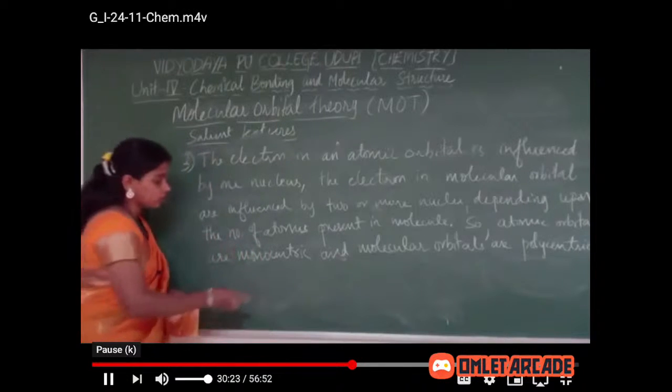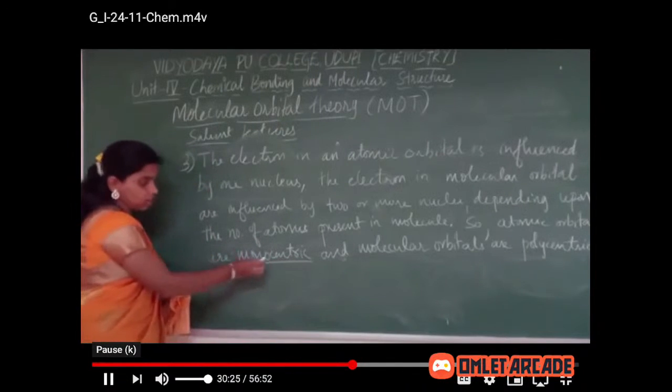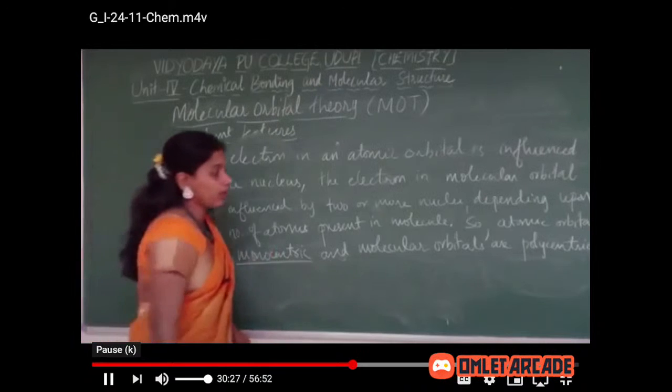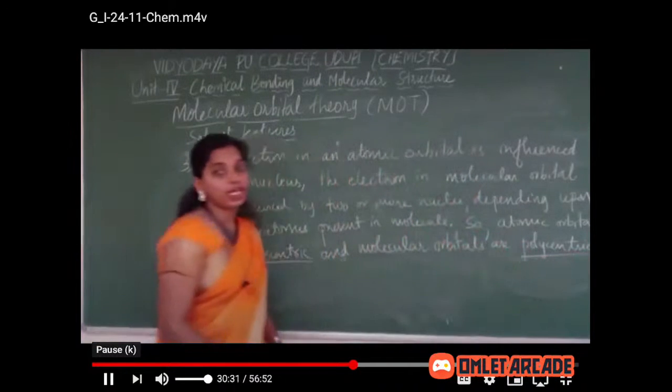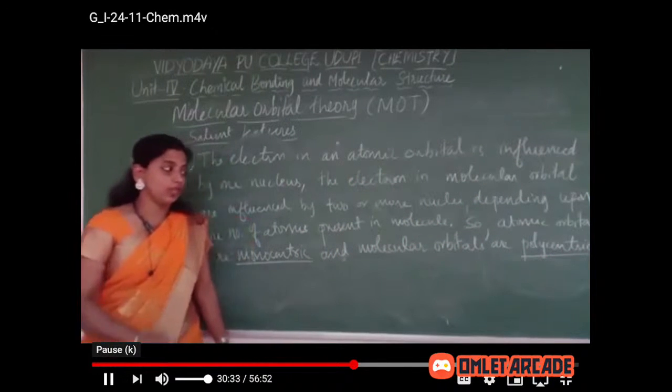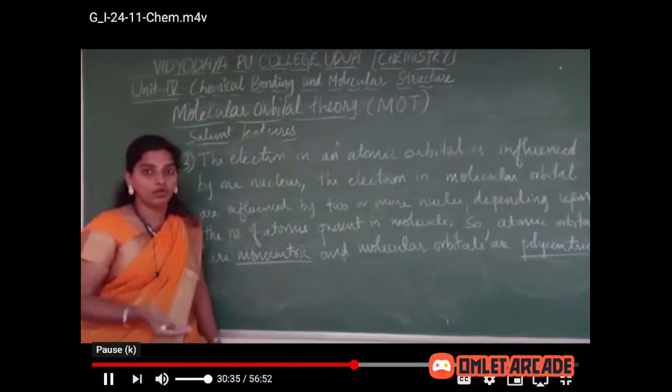Therefore, atomic orbital is called monocentric, meaning only one nucleus, whereas molecular orbitals are called polycentric. Poly means many, so it can be two or more nuclei, right?